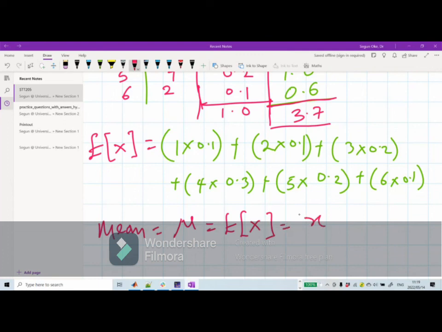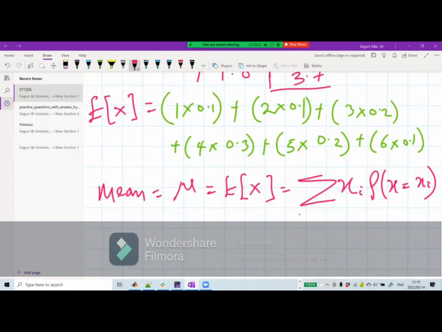The formula is the summation of Xi times the probability of X equals Xi. Remember, from our descriptive statistics, mu is the same thing as the summation of fi Xi, divided by the summation of f. How do I know that I'm right?